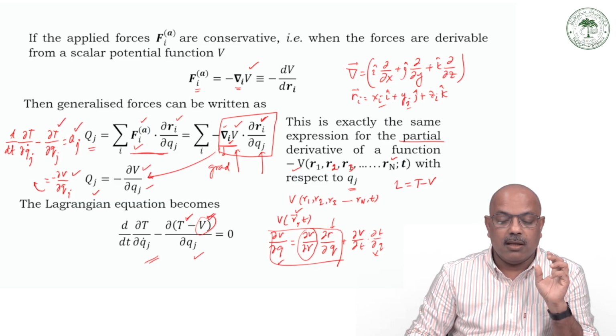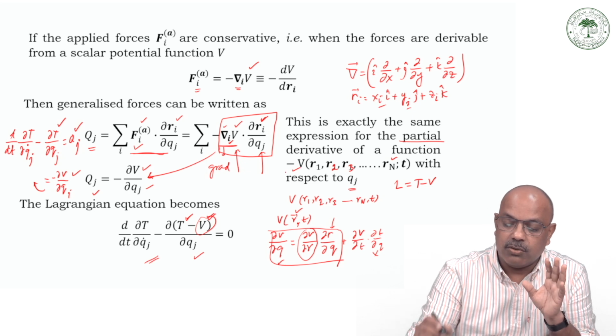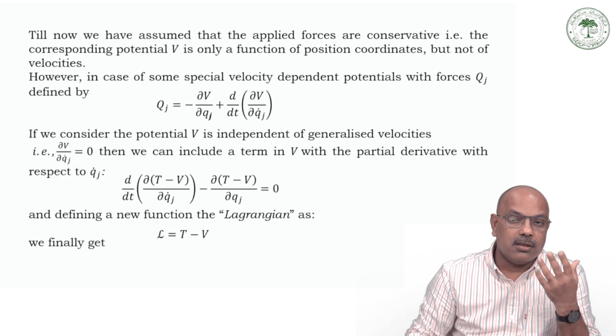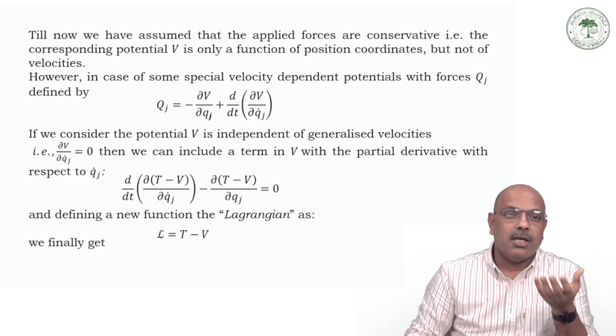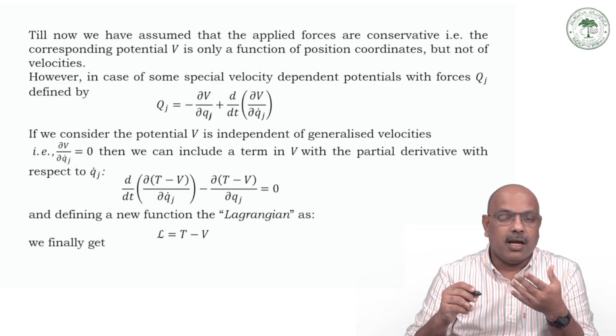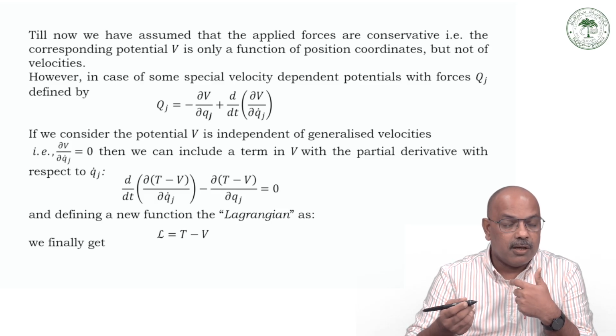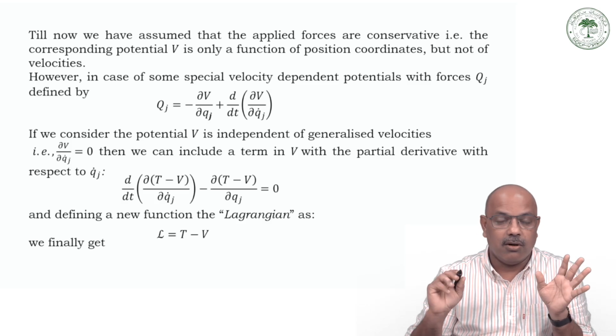Now this V, the potential, you can see is depending on the position coordinates only, not the velocity. Till now we have assumed the applied forces are conservative, and because they are conservative, they depend upon endpoints, are path independent, and so on.